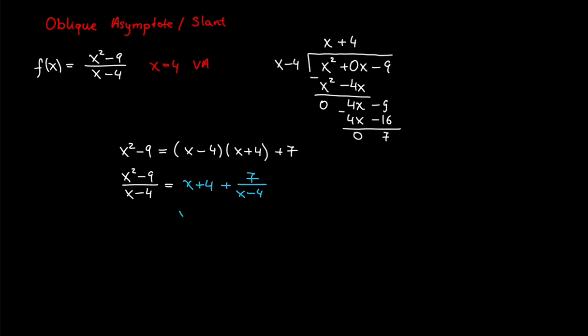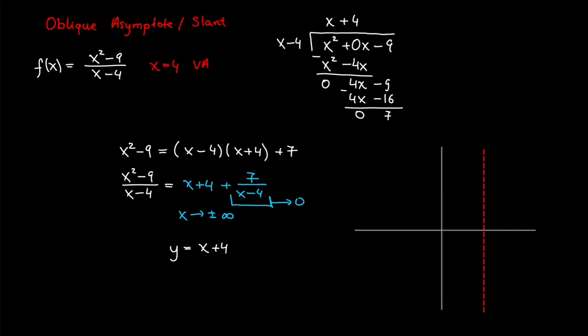Now, as x starts to approach positive or negative infinity, this part of our equation, 7 divided by x minus 4, is actually going to start approaching 0, while the front part is going to be infinitely large values. So this tells us about the end behavior of our function, namely that the graph will get closer and closer to the line y equals x plus 4.